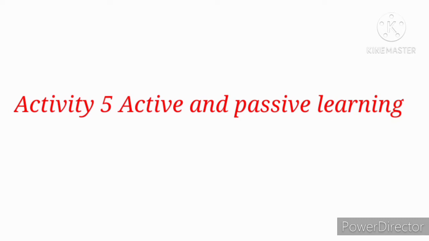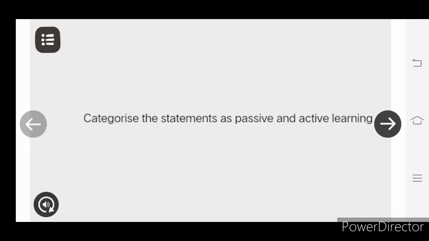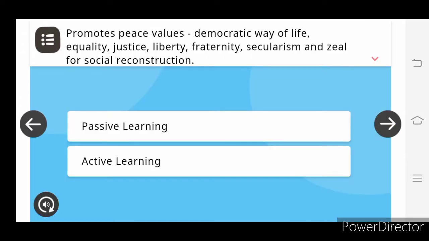Activity 5, Active and Passive Learning. So let's start this activity. Promotes peace, value, democratic way of life, equality, justice, liberty, fraternity, secularism, zeal for social reconstruction.